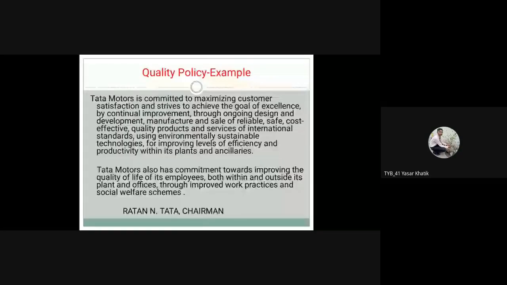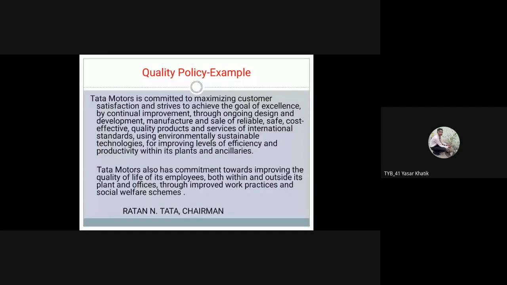Now a very important and well-known company example is Tata Motors. Tata Motors has achieved a great level in the world's industry. Tata Motors is committed to maximizing customer satisfaction and strives to achieve the goals of excellence.